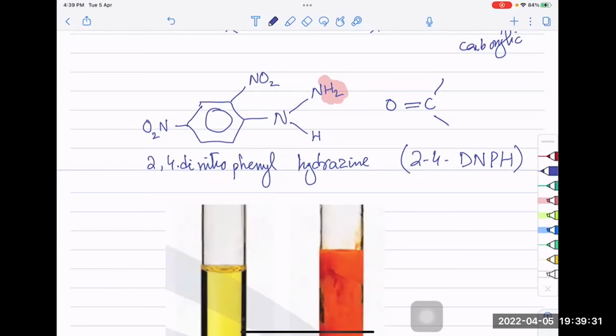By the way, this gives us many colorful dyes and compounds, which have very bright colors.